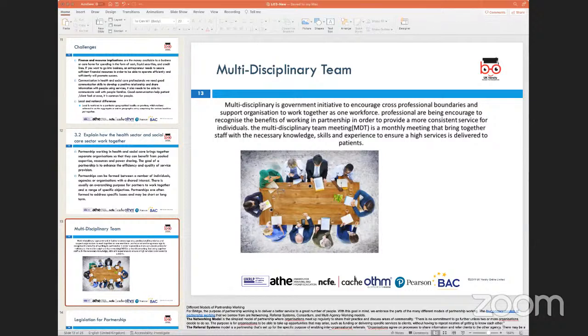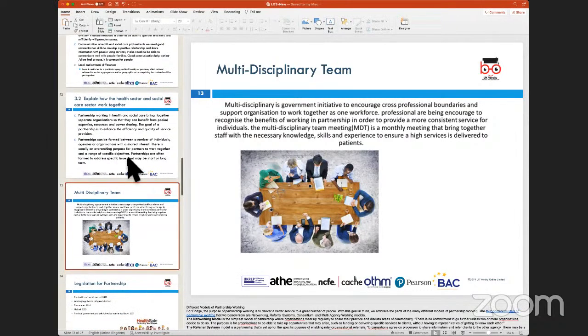One will be healthcare services, and the second would be the social care services. They would consist of people working as social workers, counselors, or organizations established as social work organizations, who would come together to deliver this.